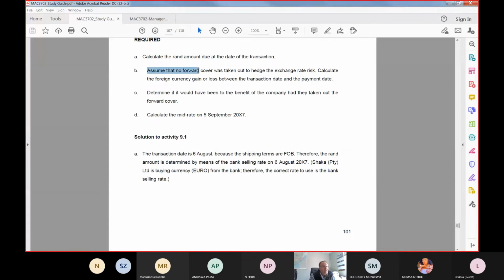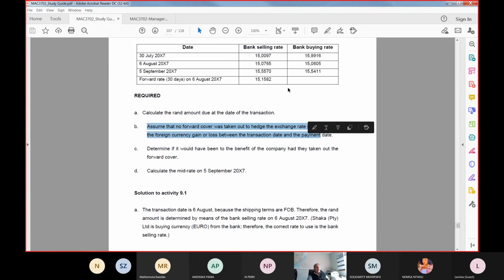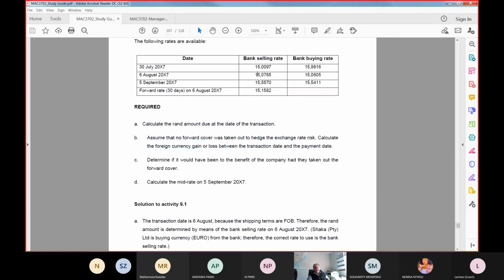B, assume no FEC is taken out and exchange rate risk, calculate the foreign currency gain or loss between the transactions. Now, just remember it's paid 30 days later, so it's paid on that date here. If they don't take FECs, it will be paid here. Just look what is happening.